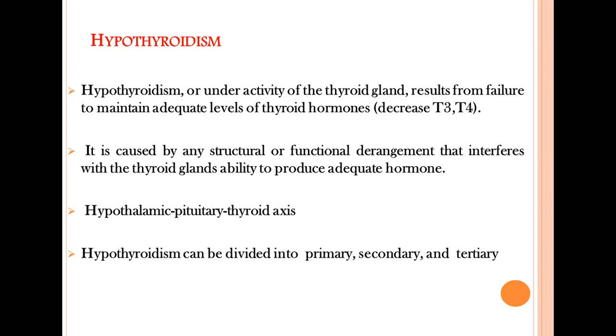If the defect is in the thyroid gland itself, I call it a primary defect. If it is in the pituitary gland, anything that interferes with its ability to produce the TSH, I call it a secondary defect or secondary hypothyroidism. And if the defect is in the hypothalamus, so that it cannot produce enough thyrotropin releasing hormone, then the defect will be tertiary. So if it is in the thyroid, it is primary; pituitary, secondary; and in the hypothalamus, it's a tertiary hypothyroidism.